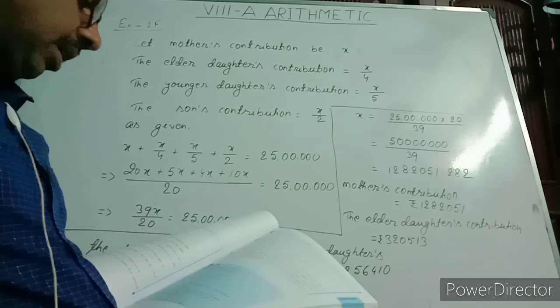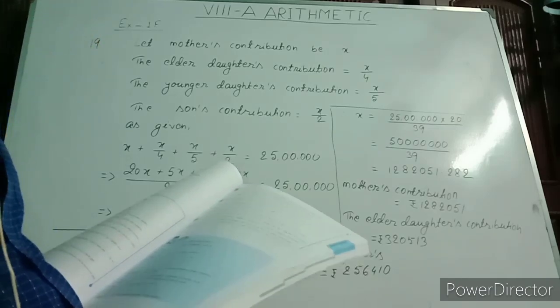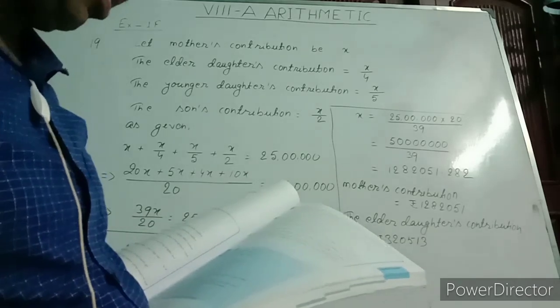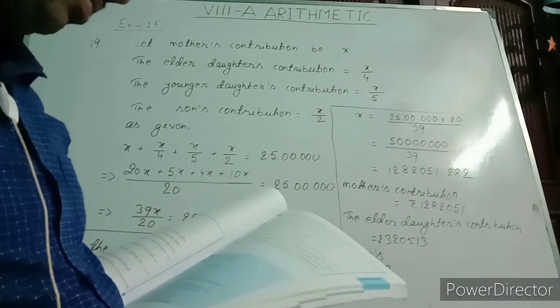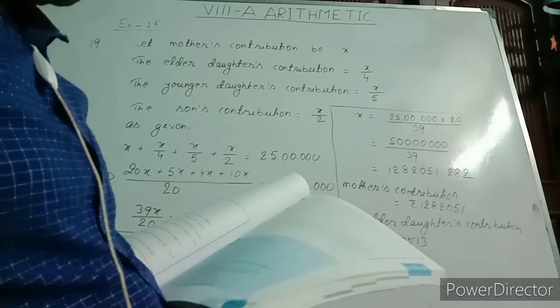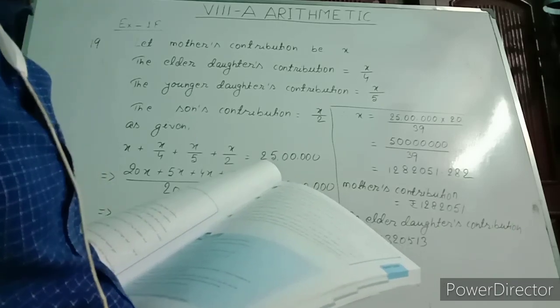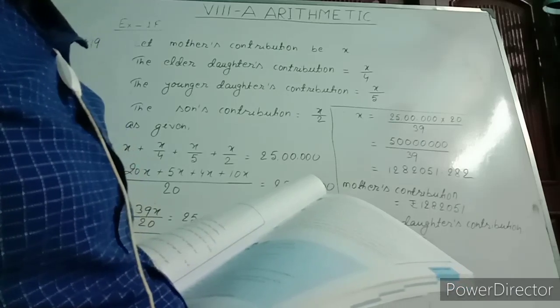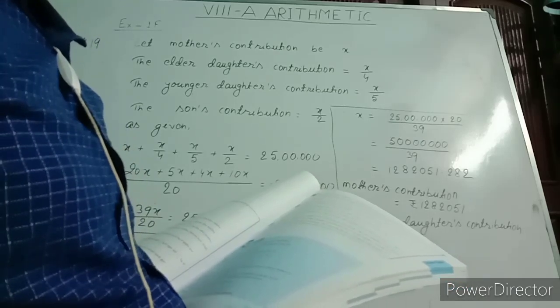A mother, her two daughters and a son got a house constructed for 25 lakh. One constructed house was there. So the mother, two daughters and son bought that constructed house for 25 lakh.